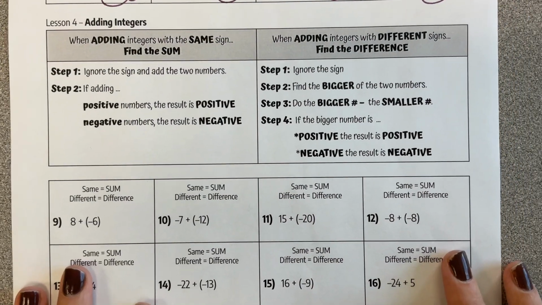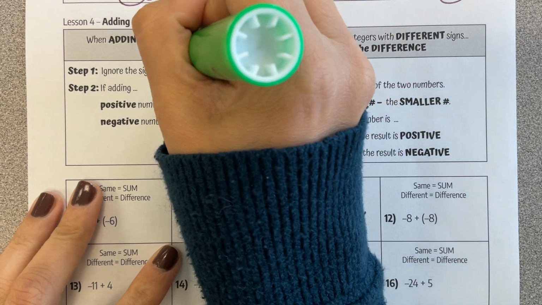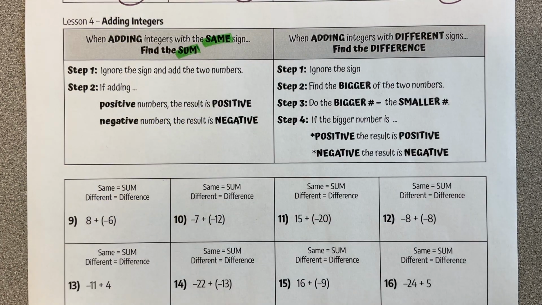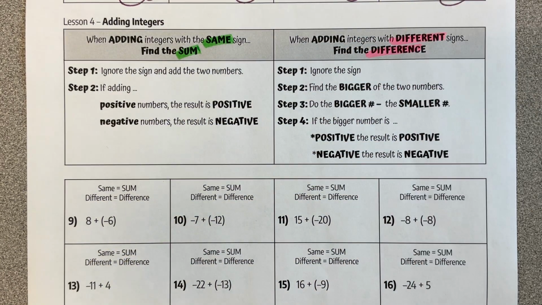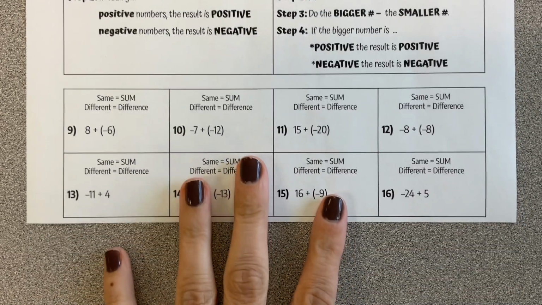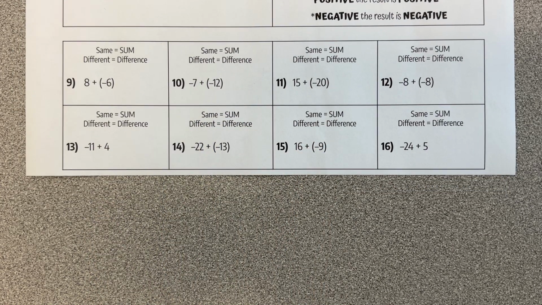Let's look at adding. Sometimes people get mixed up because it's similar wording but slightly different rules. So what I remember, same is sum, S and S, versus different is the difference. And if we're doing the difference, we always look at the bigger absolute value first.